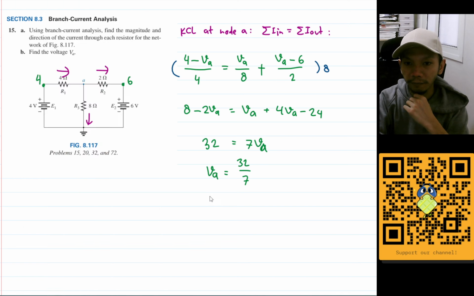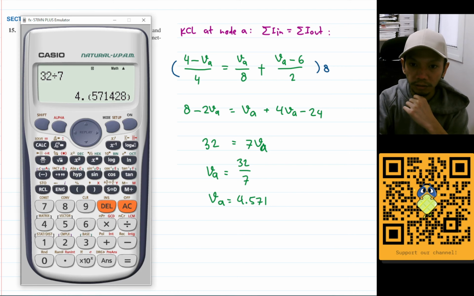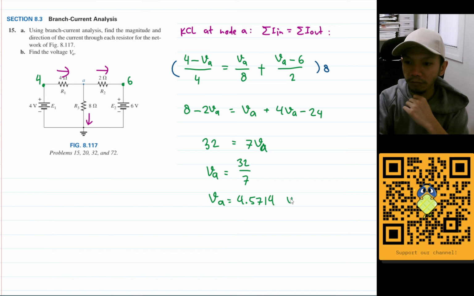So VA will be 4.571, and the unit will be volt. And this is the answer for the B question, right? So this one will be our VA.